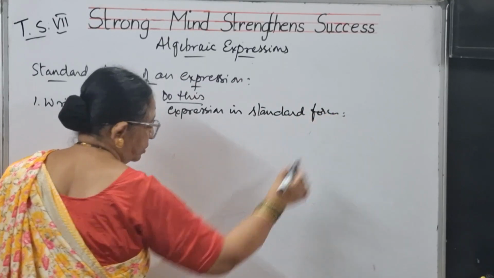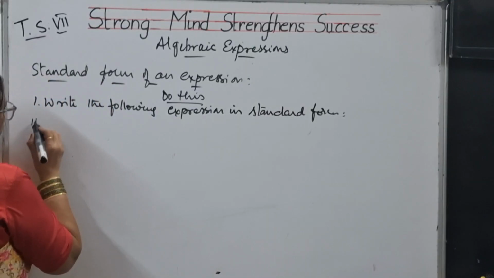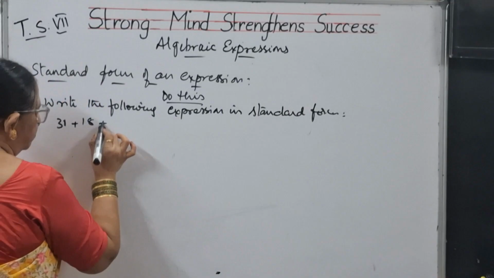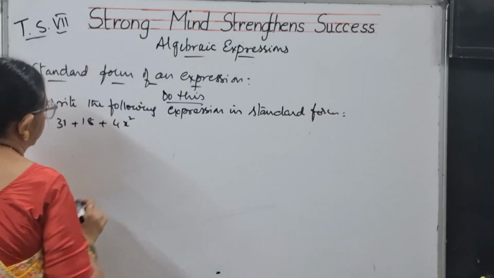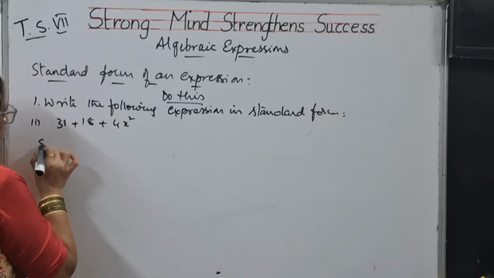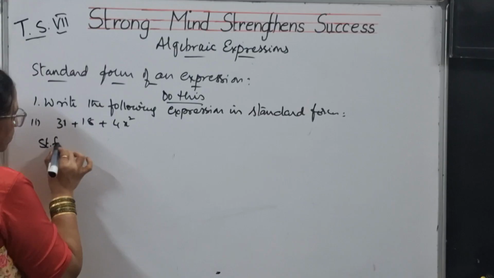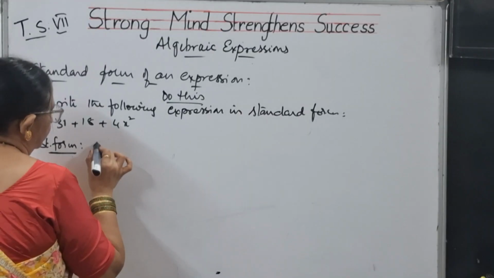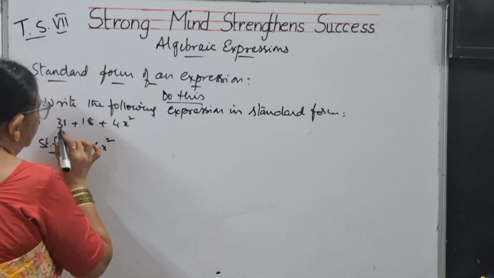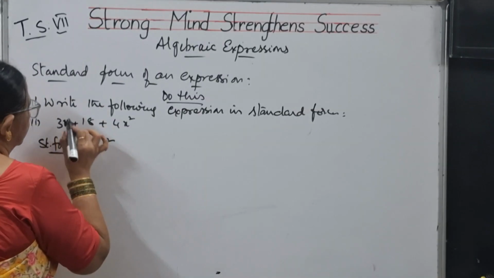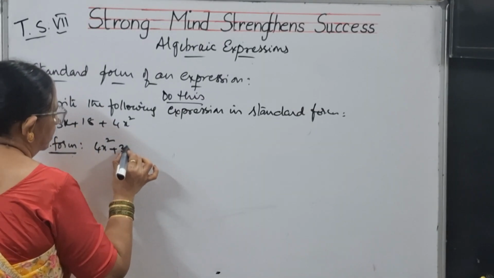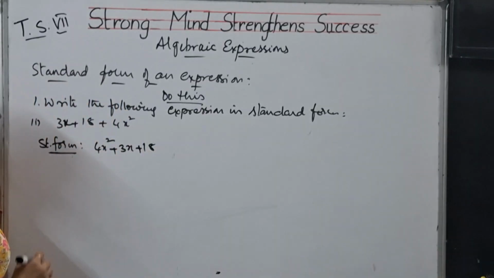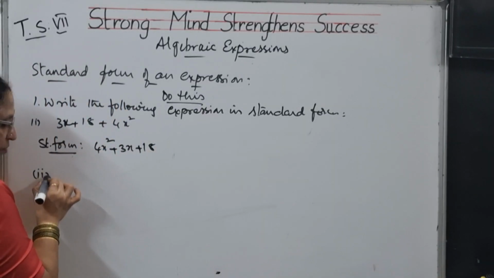First bit given to you is 3x plus 18 plus 4x square. How will you write the standard form? First 4x square you will be writing, then plus 3x plus 18. So this is the answer for the first one.